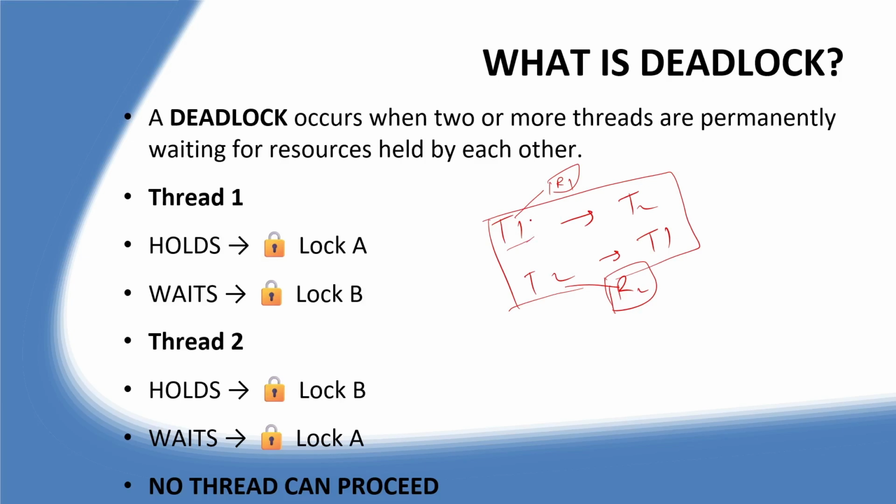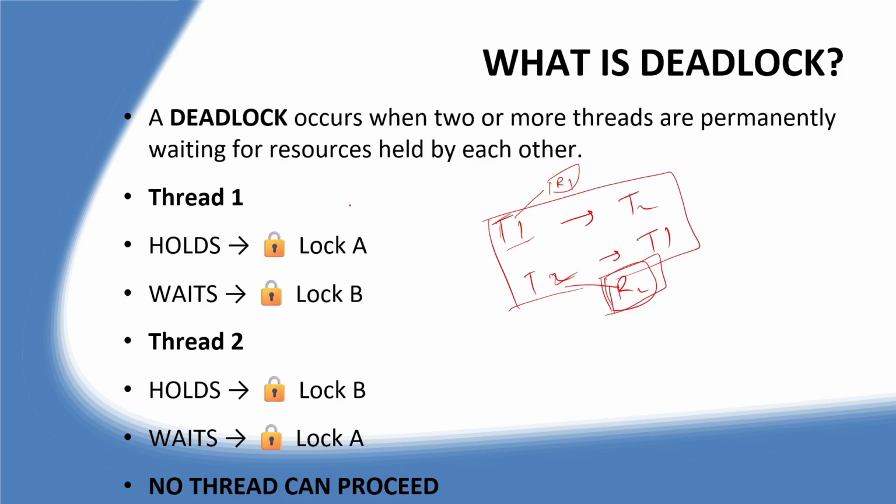And likewise, thread 1, T1, is waiting to use the resource R2, which is currently held by thread 2. So both are waiting for each other and they are in deadlock. They are waiting for resources held by another thread in the cycle.